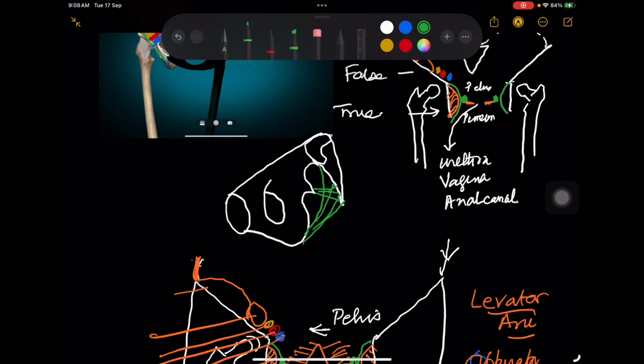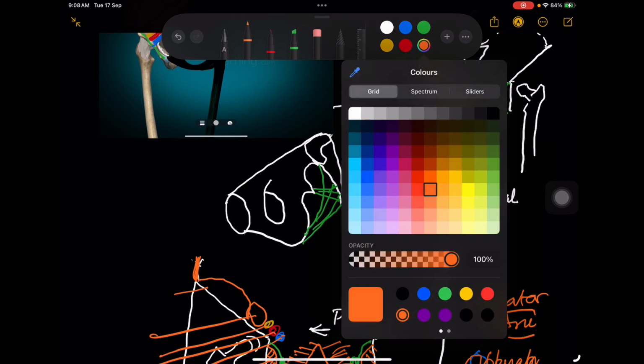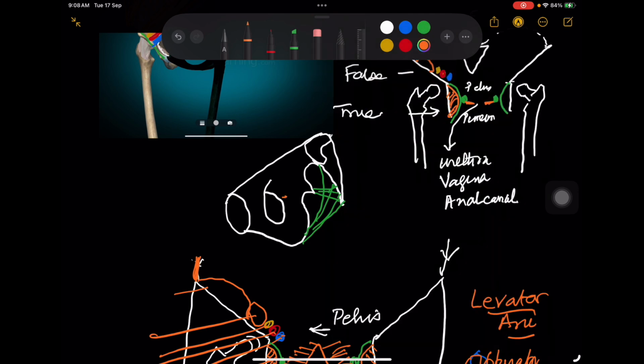The obturator internus muscle arises from the inner surface of the true pelvis and goes out of the lesser sciatic notch. So this is the obturator internus muscle. Here is the tendon of the levator ani from the ischial spine to the pubis, and the levator ani muscle.